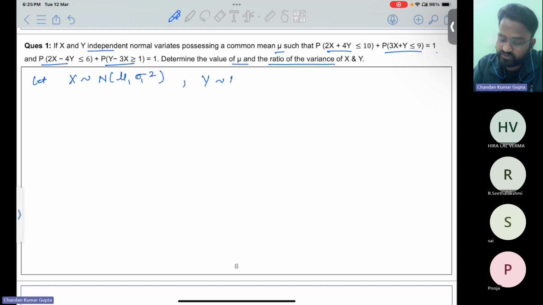Also Y follows a normal distribution with mean mu and variance sigma 2 square.